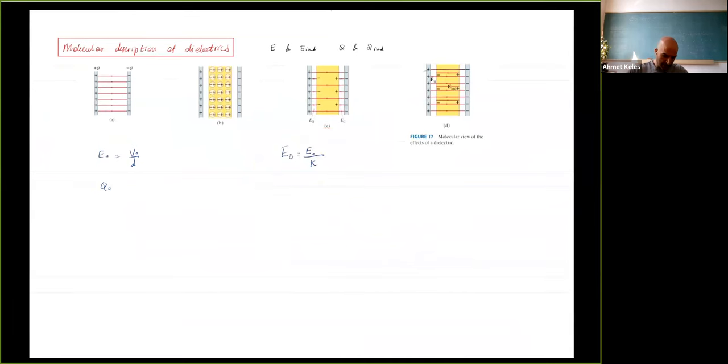And I can write an expression for this induced electric field. So this should be equal to initial electric field minus the induced electric field. If I do this, I find the amount of induced electric field in this material, which is going to be equal to 1 minus 1 over K times E naught, right?